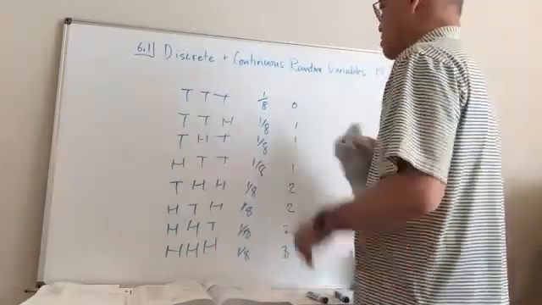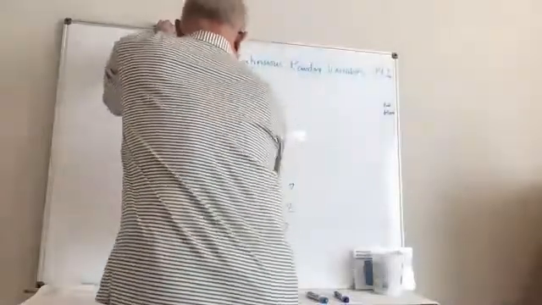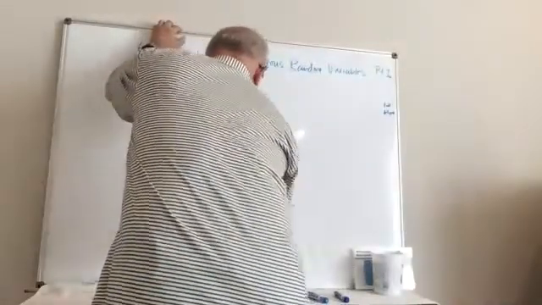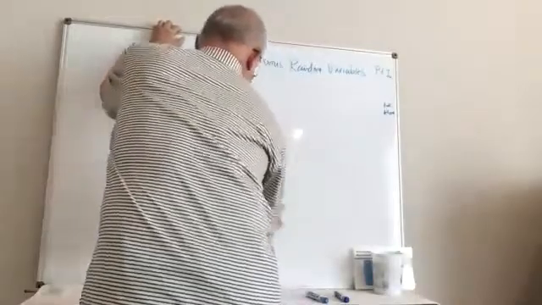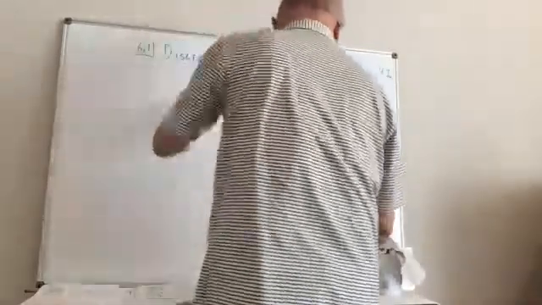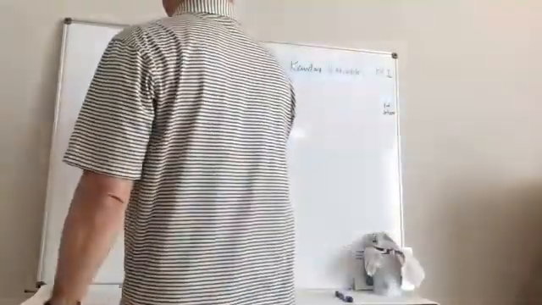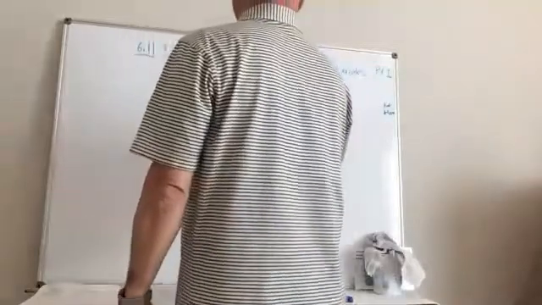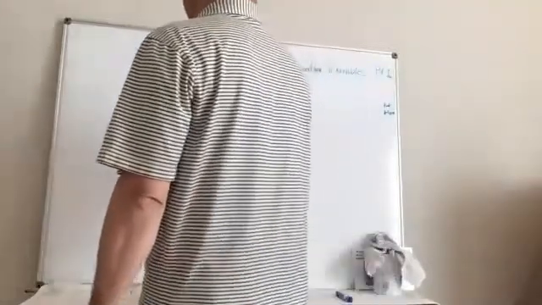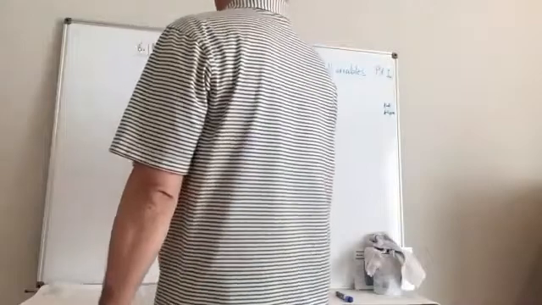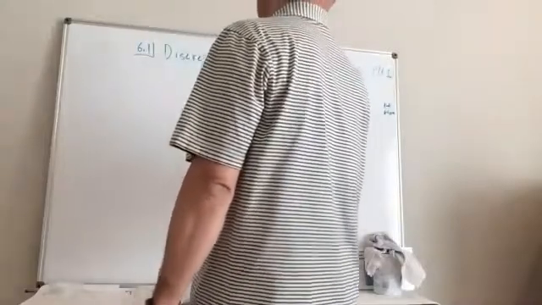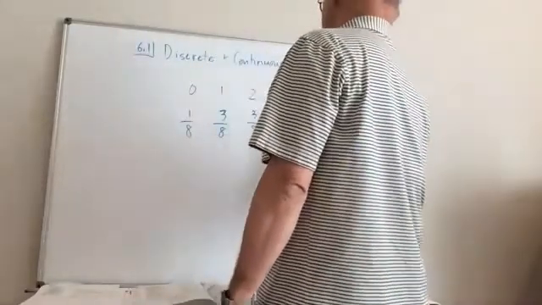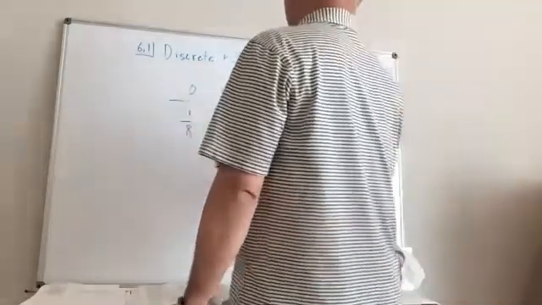Okay? So if I rewrite this into a probability distribution, the number of heads would be 0, 1, 2, 3, and the probabilities are 1/8, 3/8, 3/8, and 1/8, right?